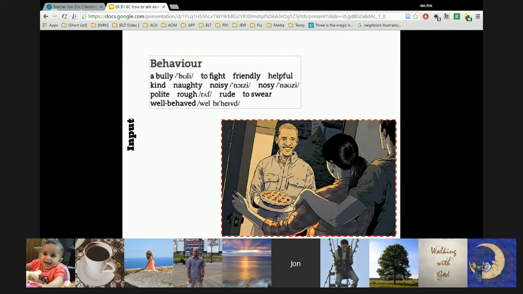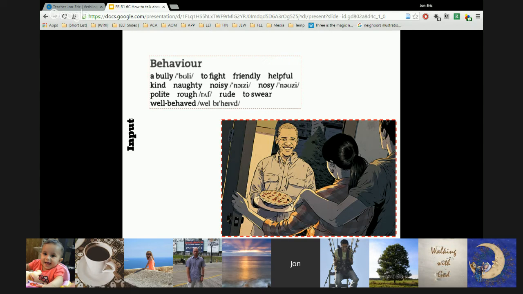Careful with the R. Rude. Good. V, the next word? To swear. And Sylvia, the last word. Well behaved. Okay, good. Say that first word again. Well. Well behaved.